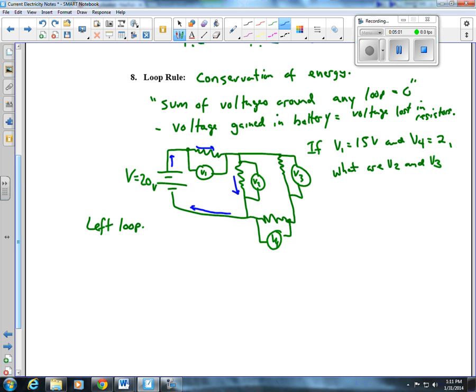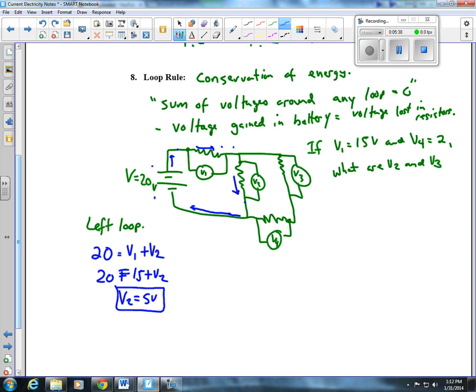So it comes out of the battery, goes through the first resistor, goes through the second resistor, and then comes back to the battery in that loop. So it's going to be 20. The voltage gain in the battery equals what's lost in the resistors. So I'll do it this way. V1 plus V2. I gain 20 in the battery, I lose something in V1, lose something else in V2, and it has to add up to 20. So 20 equals 15 plus V2, so therefore V2 equals 5 volts.